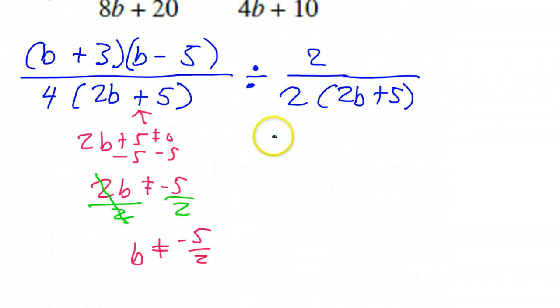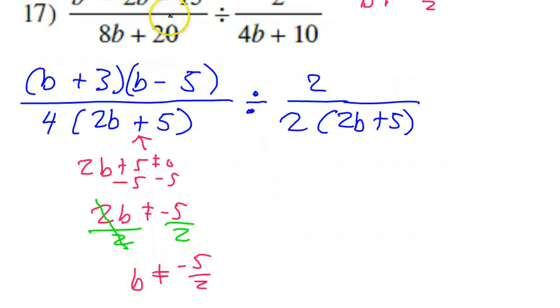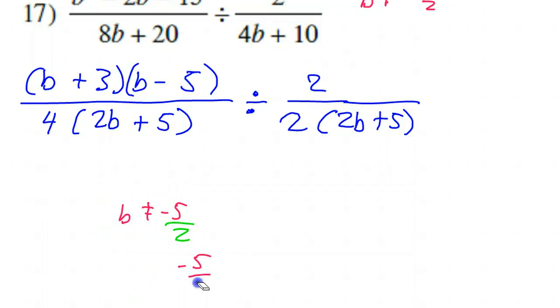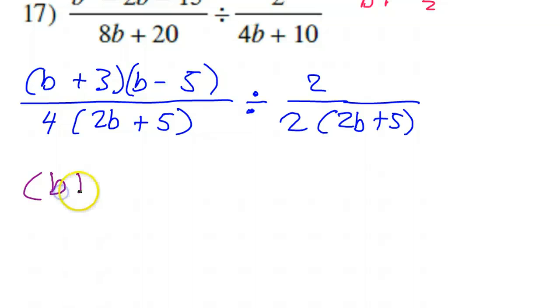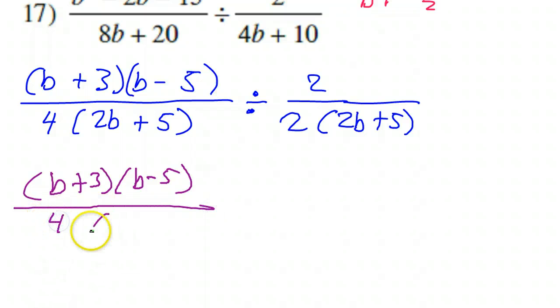Now it is time to multiply by the reciprocal. I'm going to have to erase this to make space. So I've got b plus 3 over b minus 5, over 4 times 2b plus 5.